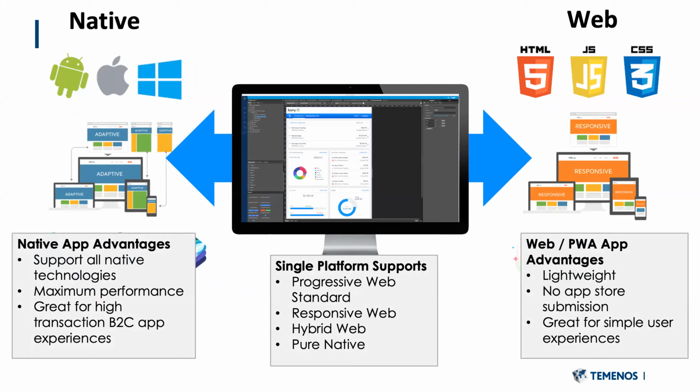For example, you leverage technologies like lazy loading and things like that. On the web side, obviously, it's very lightweight. When you develop an application, you host it on a server, host it in the cloud. So you don't have to go through the App Store submission process, which is an advantage. It is great for simple user experiences, as I had mentioned.